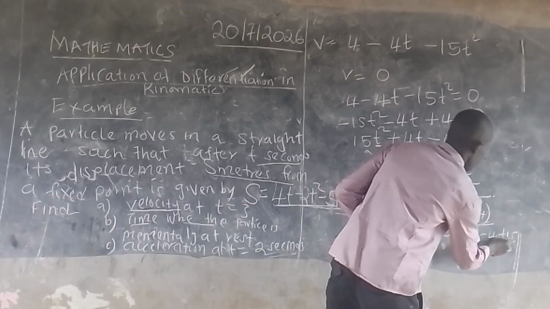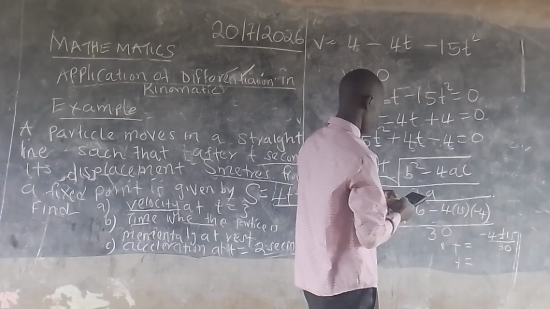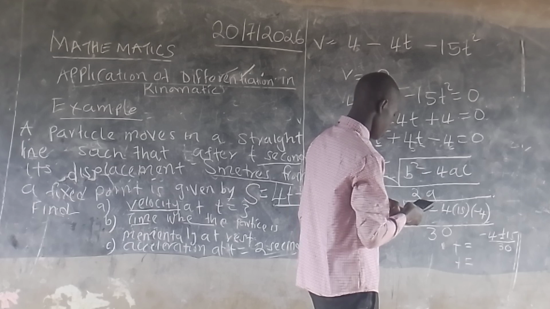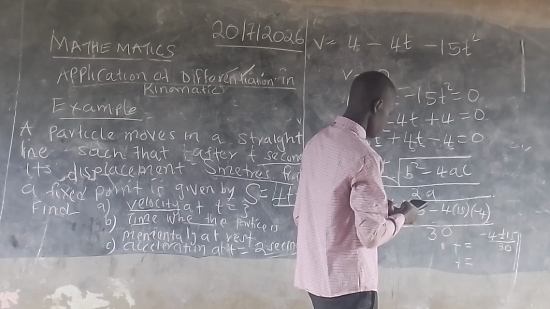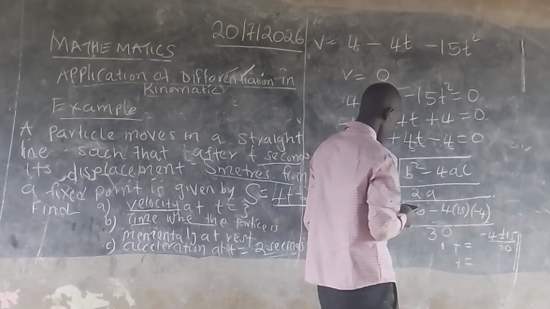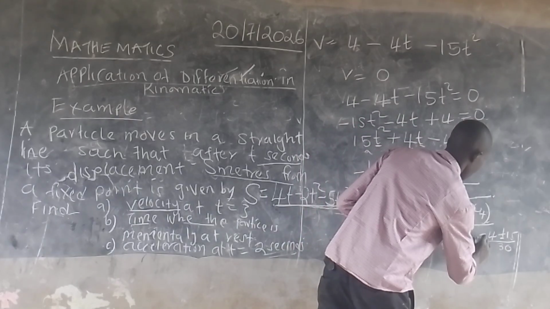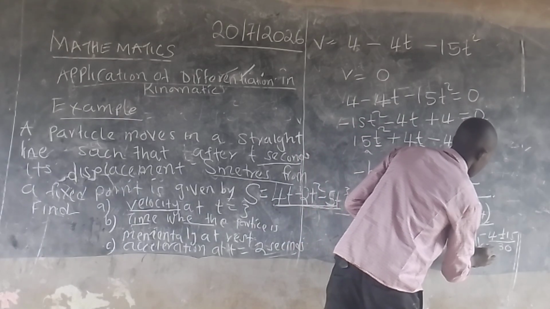Here it is plus or minus. So we have minus 4 plus 16 divided by 30. So we get time as 12 over 30 seconds. That's the first one.